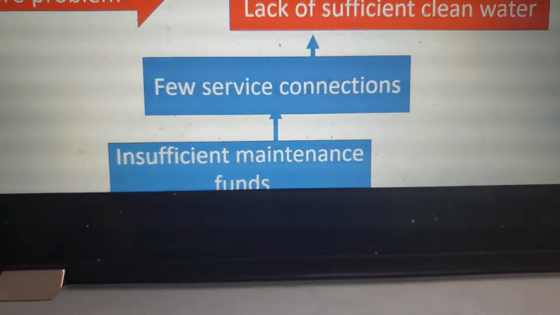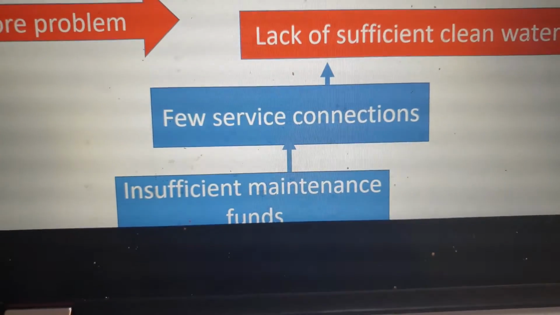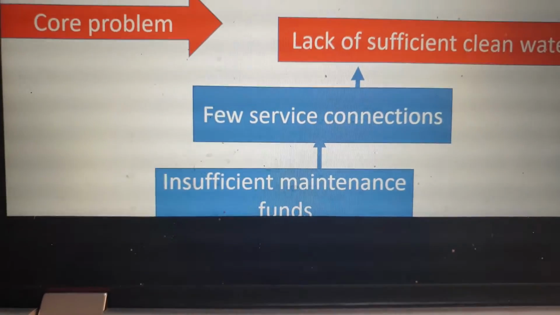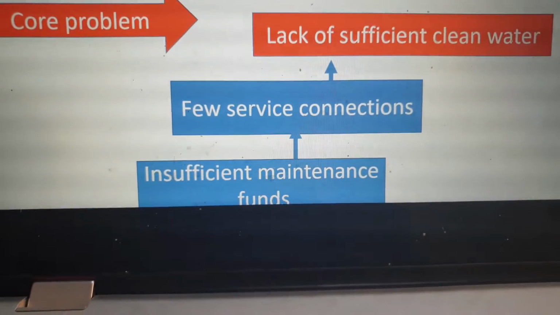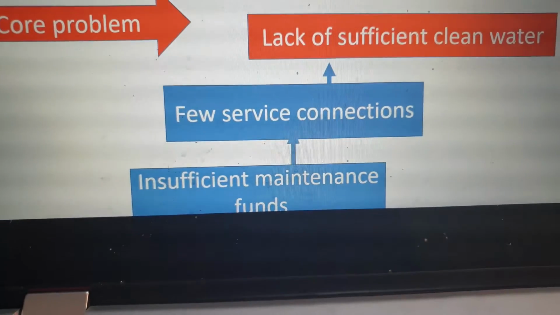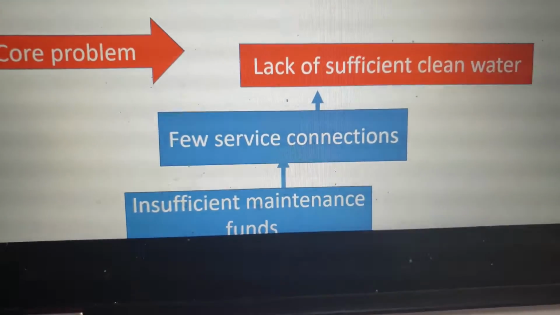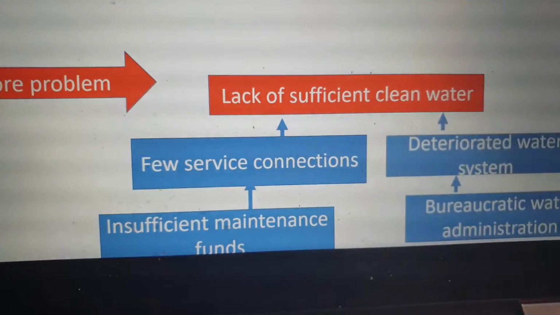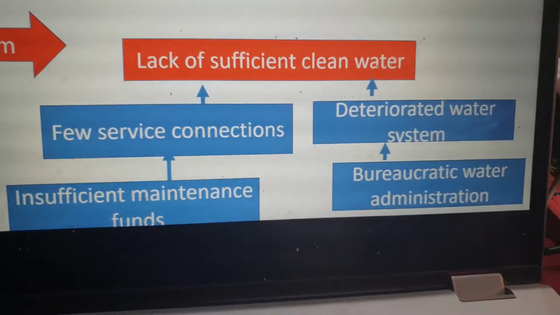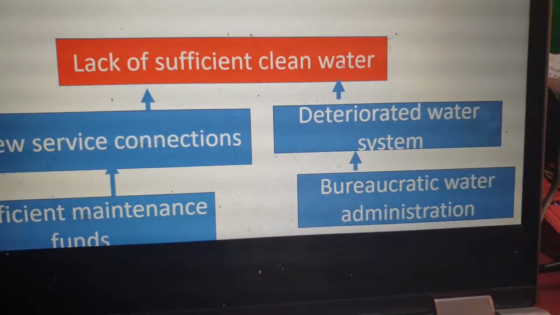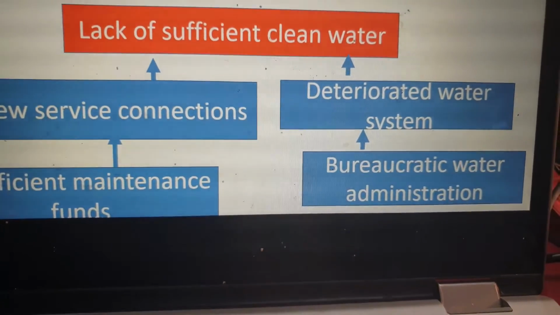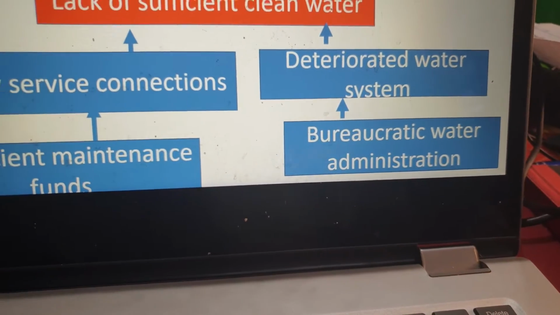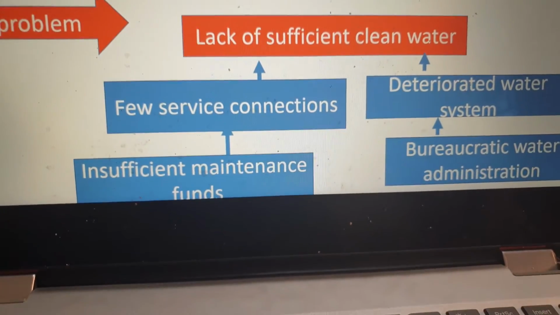And if there are few service connections, because there is insufficient maintenance, the funds, insufficient maintenance funds will lead to few service connection, and therefore will lead to lack of sufficient clean water. We can also have deteriorating water system. And why is it deteriorating? Bureaucratic water administration. This is illustrative only.